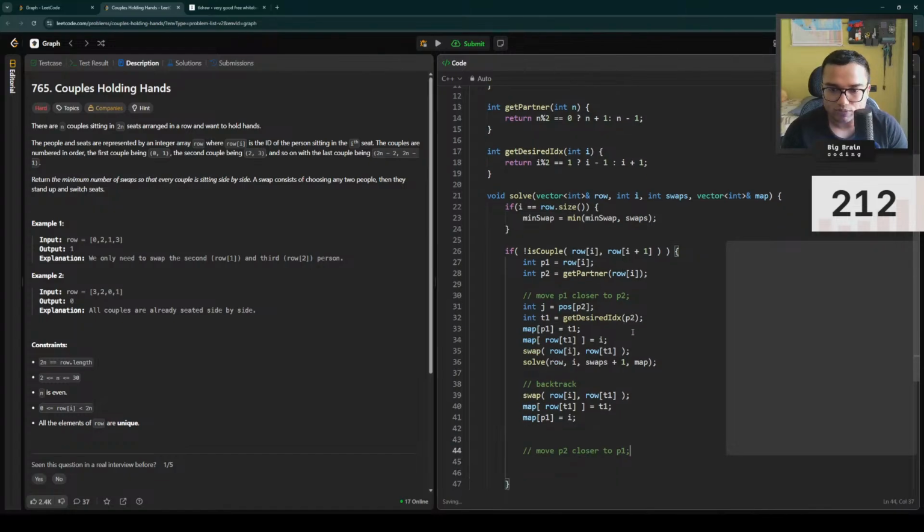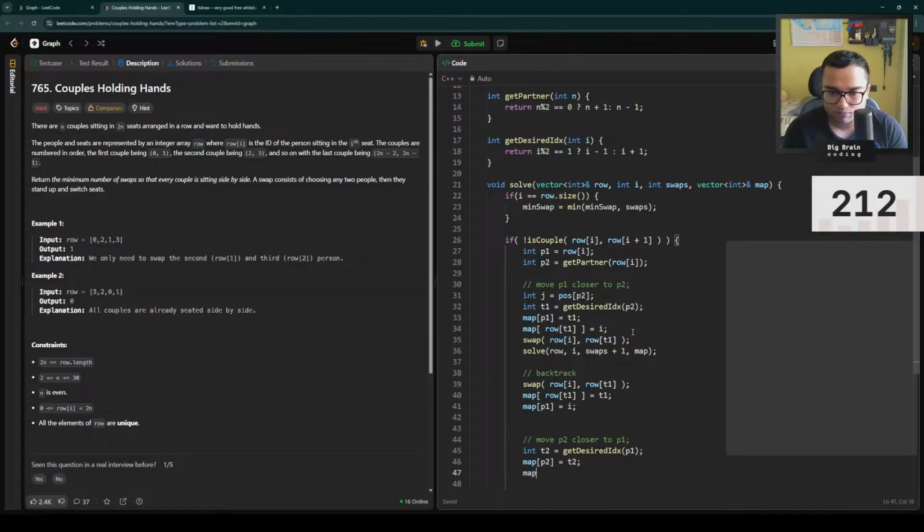Now if I move P2 closer to P1, get desired index of P1, map of P2 becomes T2, map of row of T2 becomes... okay, what am I doing?